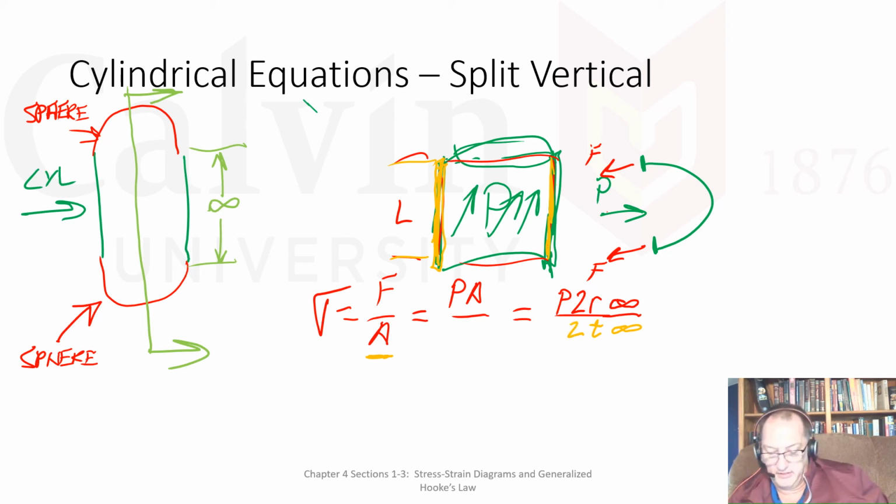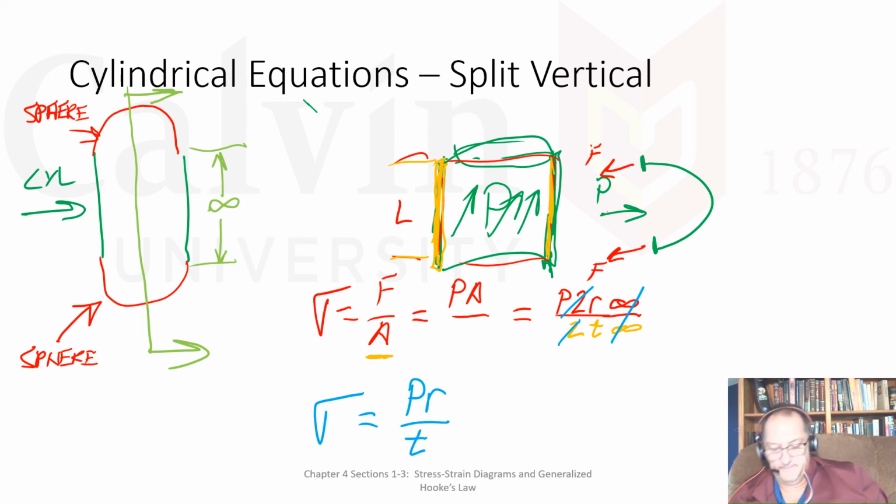So I've got to put that there. And now it starts to look familiar, but it's a little bit different. I'm going to cross out my 2 and I'm going to cross out my infinities.